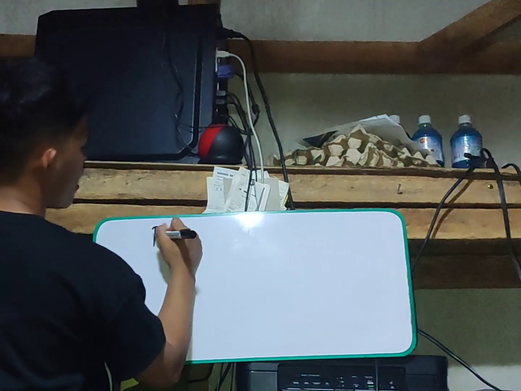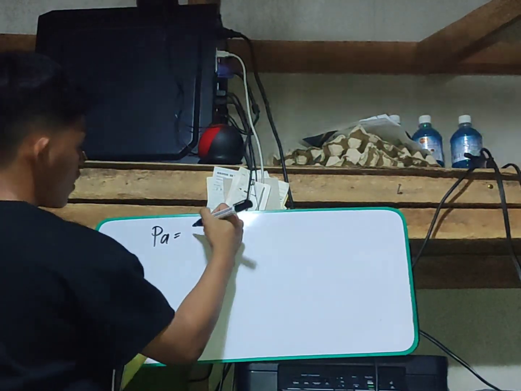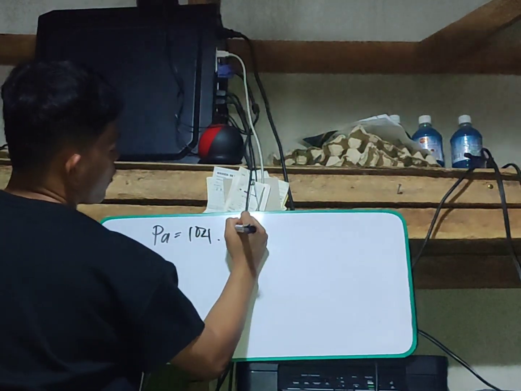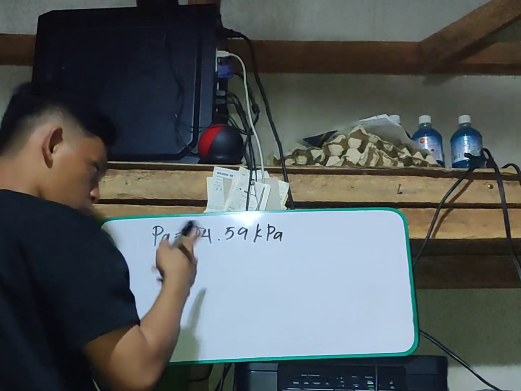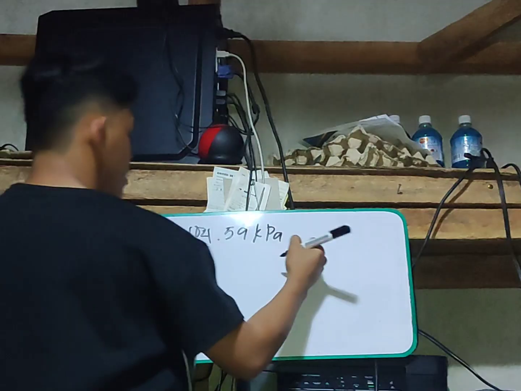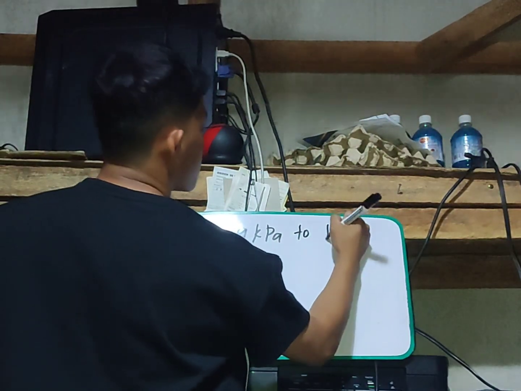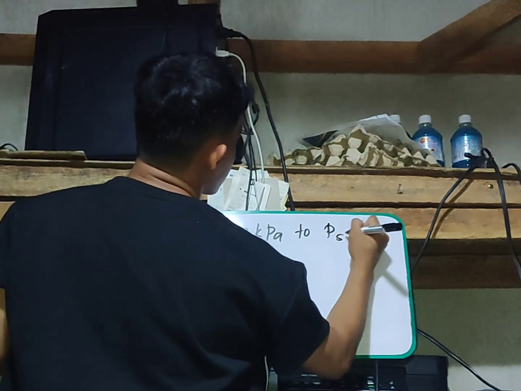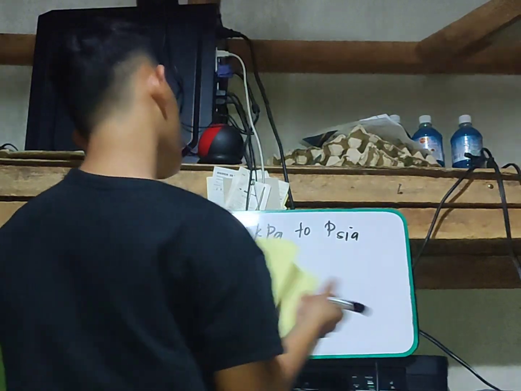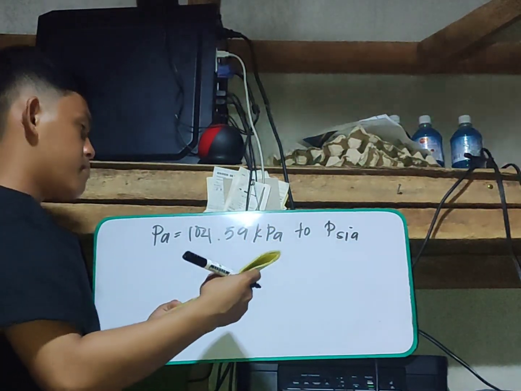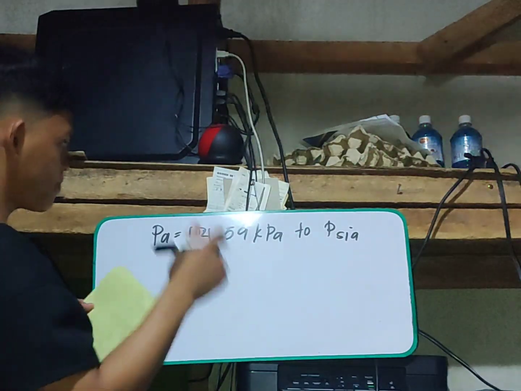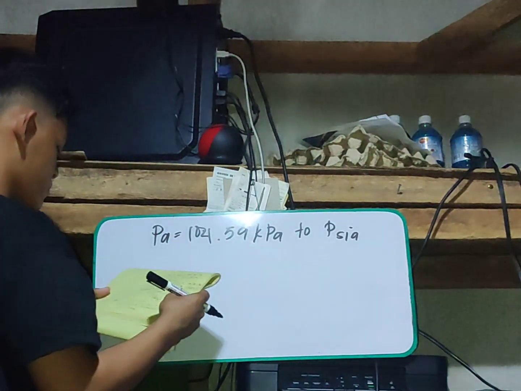I-rewrite ko lang para mas madali nyo makuha. Okay, our A pressure is equals to 104.59 kilopascal. So, paano natin siya maku-convert into PSIA? Conversion.